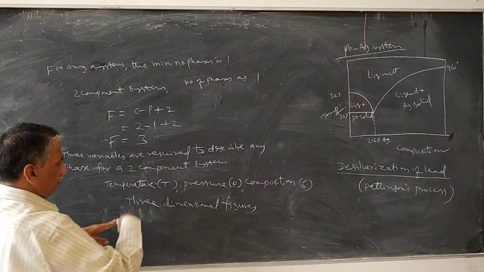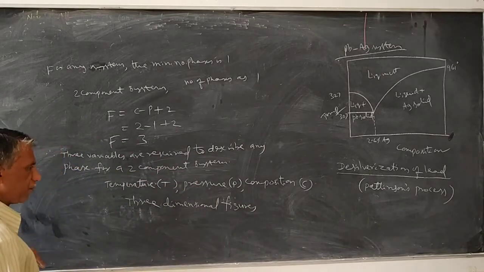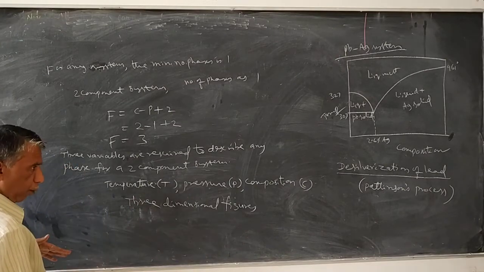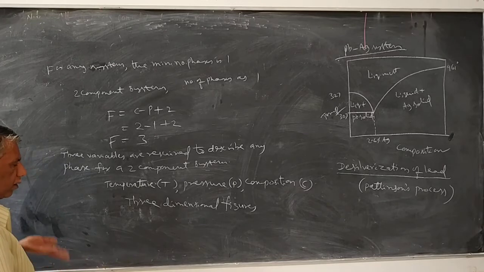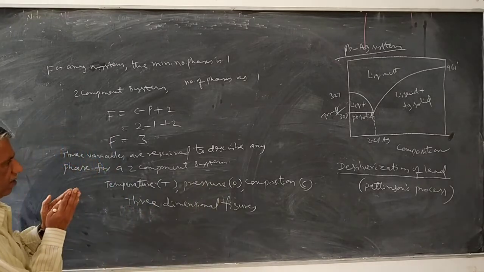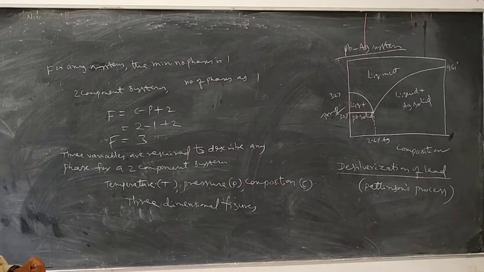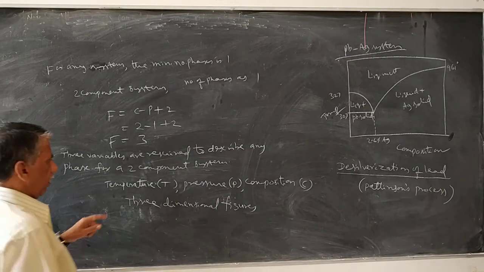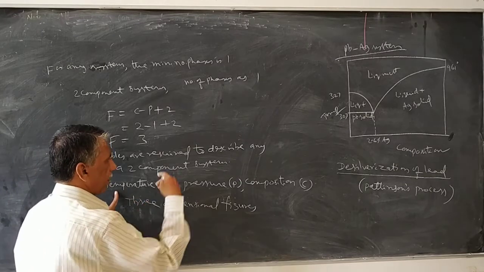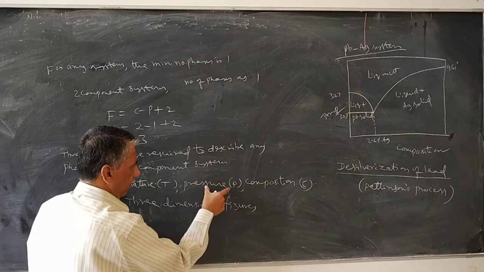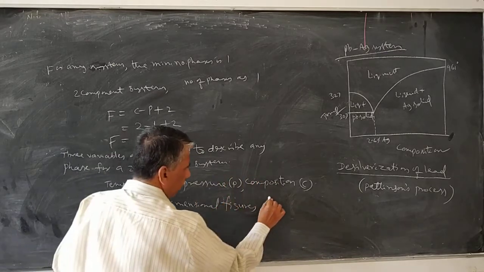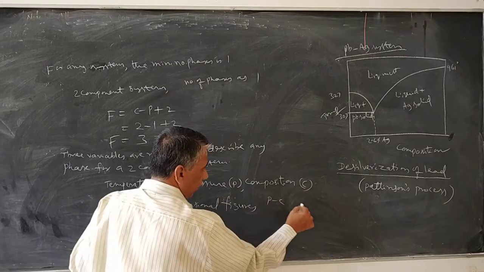And this 3-dimensional figure cannot be conveniently written or represented on a paper or the board. Then what to do? For this purpose, out of these 3 variables, let us keep one as constant. When you keep temperature as constant, then you draw the diagram between pressure and composition. That becomes PC diagrams, PC diagrams if T is constant.